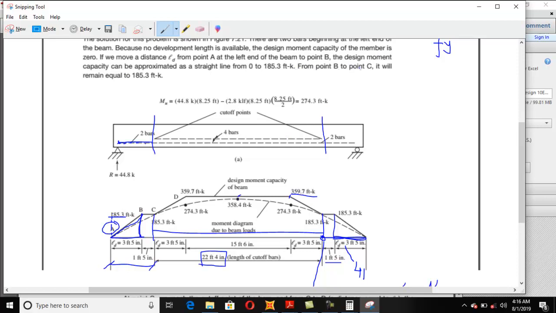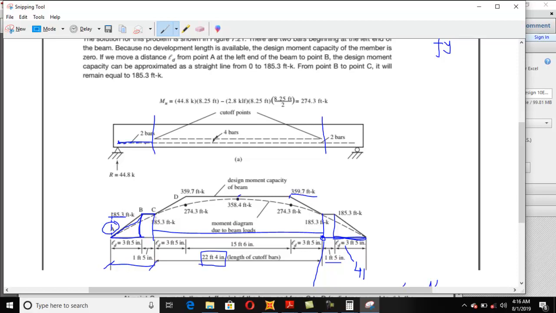From point B to C, it will remain equal to 185 because you know that the ultimate moment capacity line is well below from point B. So if you draw this straight line, you will touch the ultimate bending moment diagram. So at point C you touch the actual moment.